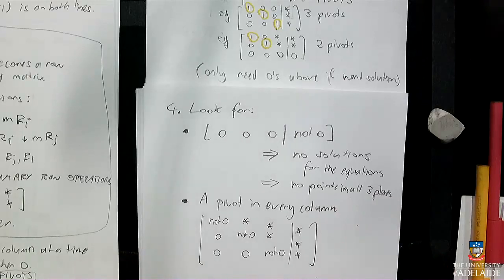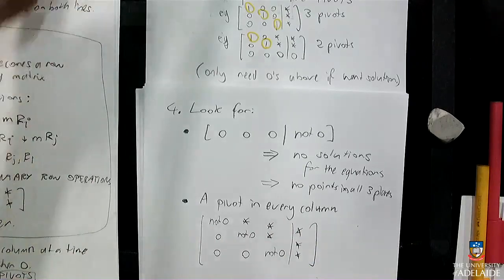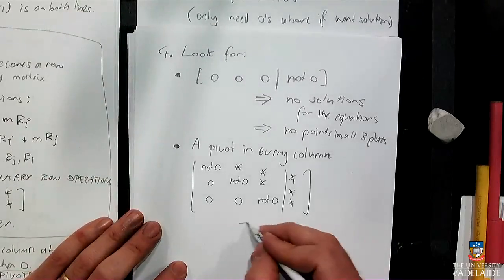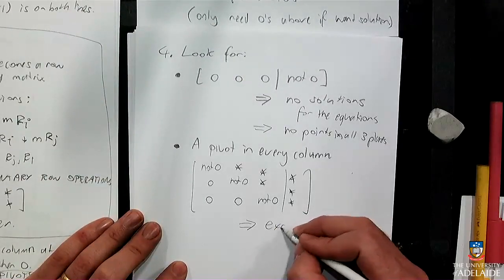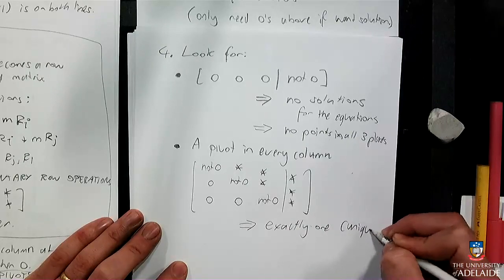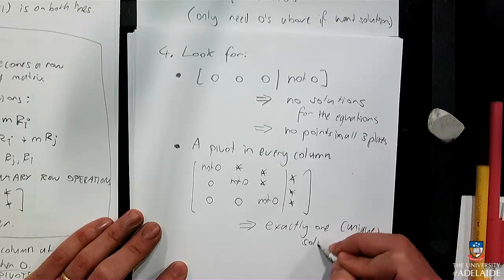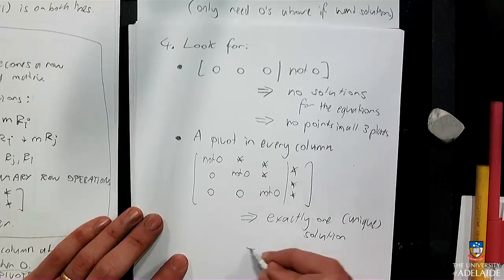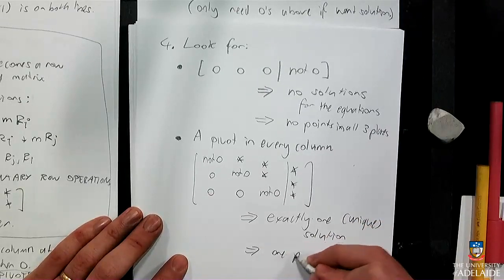Anything that looks like this, not 0 here, not 0 here, not 0 here, and these don't care what they are, and these are 0, and these are whatever they are, then that will mean that there is exactly one solution, which means that there's one point in all three planes.